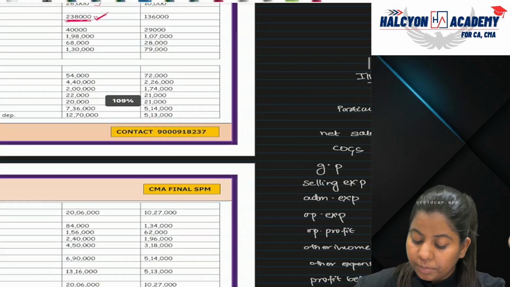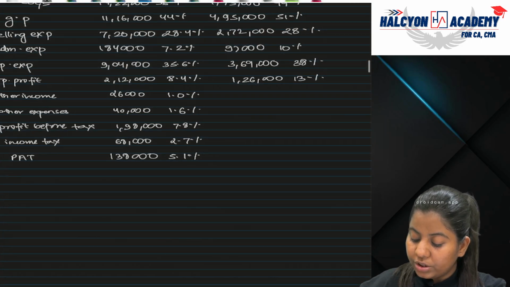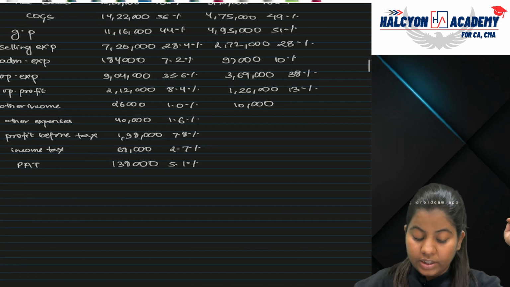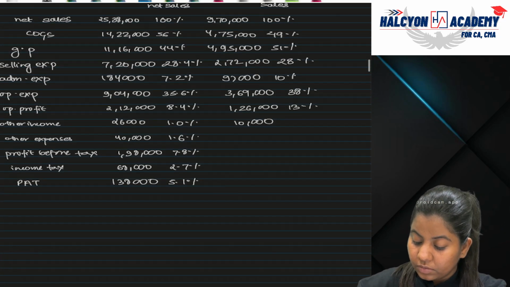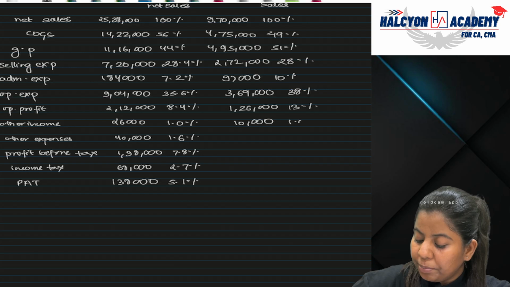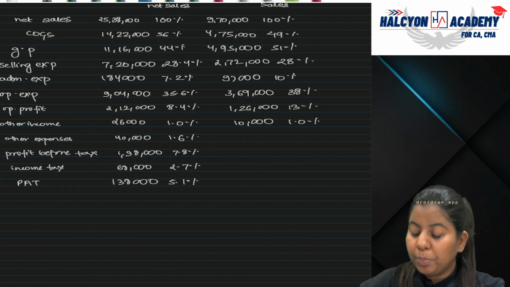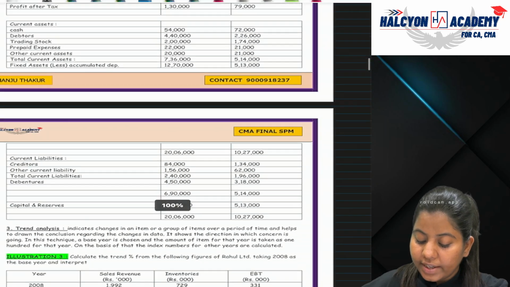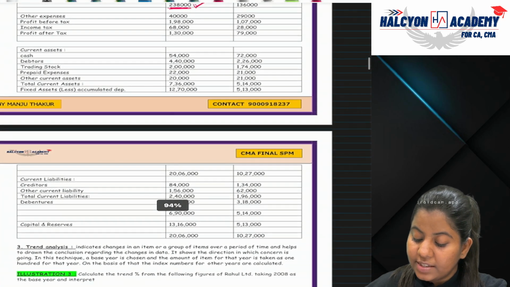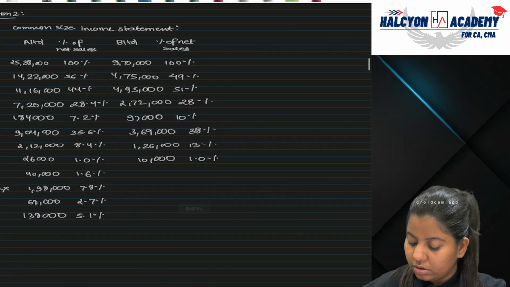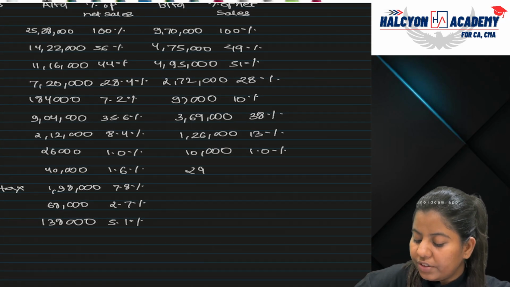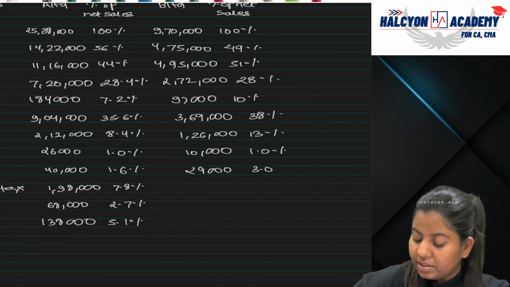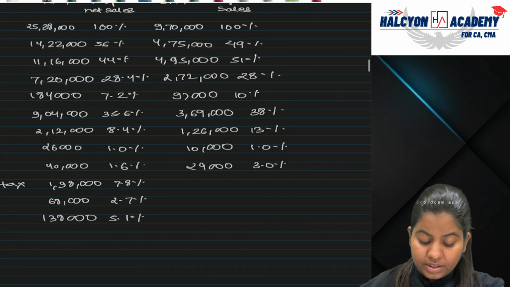Then other income is 10,000. 10,000 divided by 9,70,000 will be approximately 1%. Then other expenses is 29,000. So 29,000 divided by 9,70,000 will be 3%.